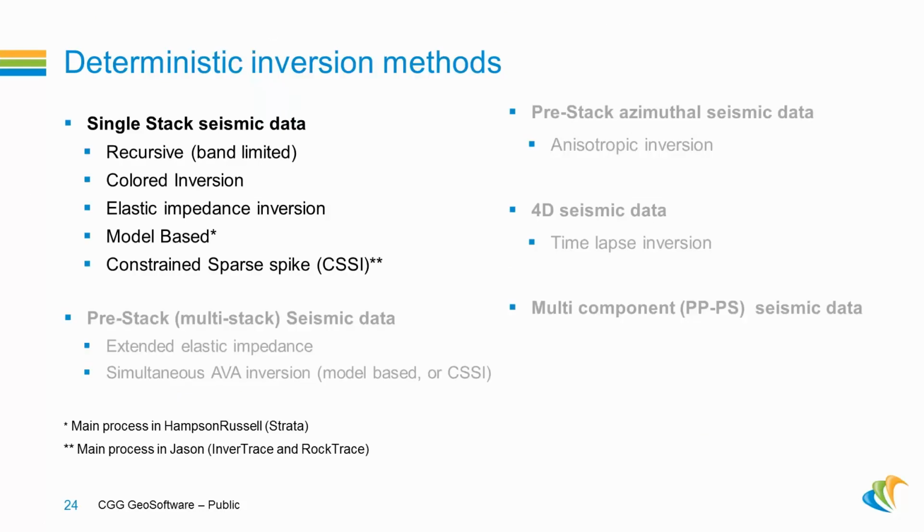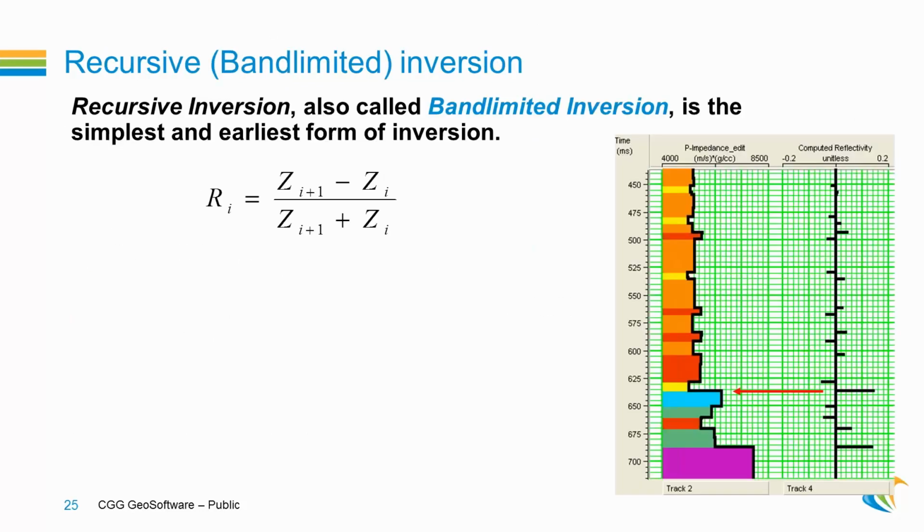So go back to the deterministic inversion methods, starting with the recursive or band-limited inversion. In the zero offset seismic data, we know that the reflectivity is coming from this formula.